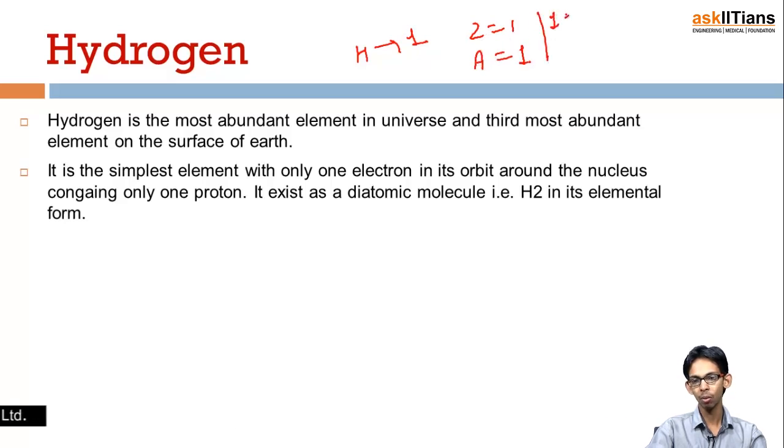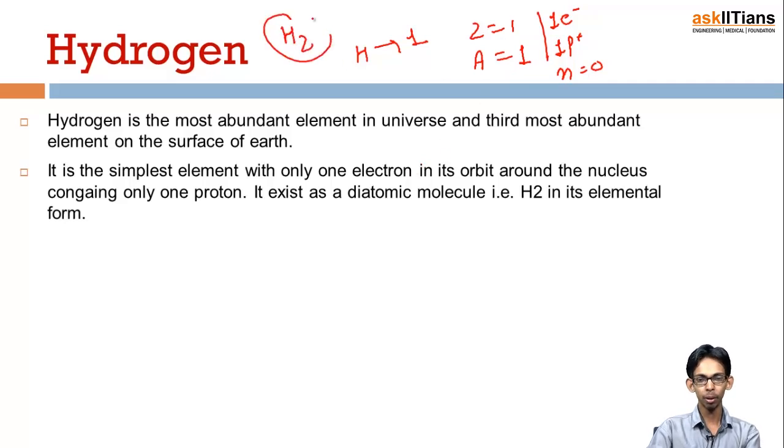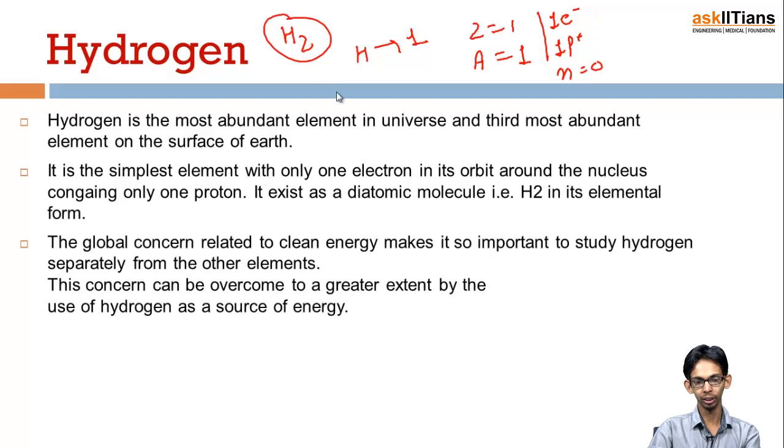That means it has 1 electron, 1 proton, and no neutron. So mass is also 1, atomic number is also 1. It basically exists in diatomic form as H2, dihydrogen.